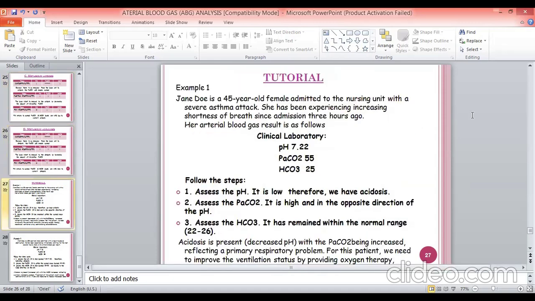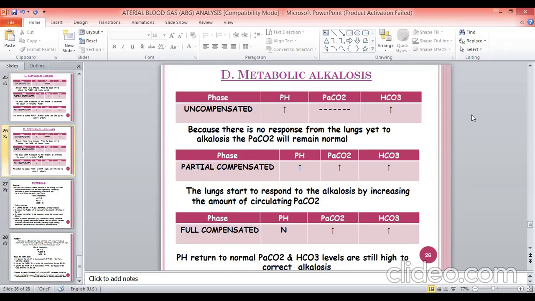The last one is metabolic alkalosis. In the uncompensated state, pH and bicarbonate are in an upward trend.